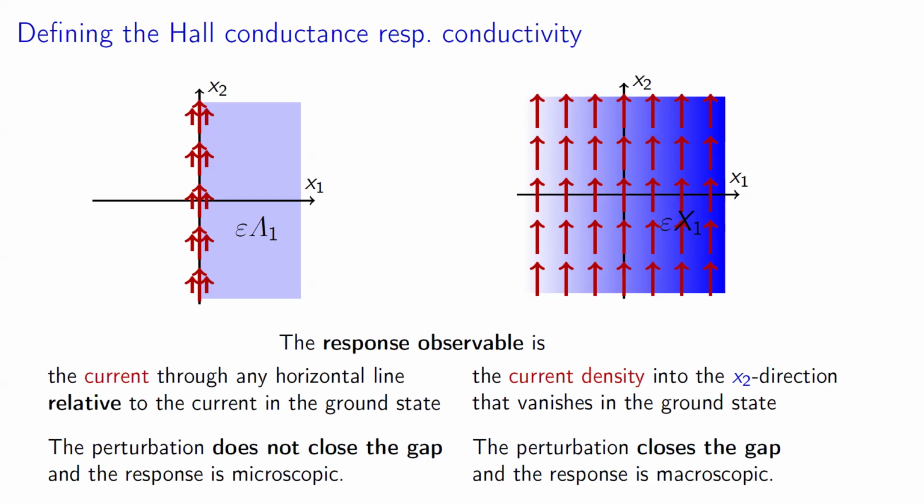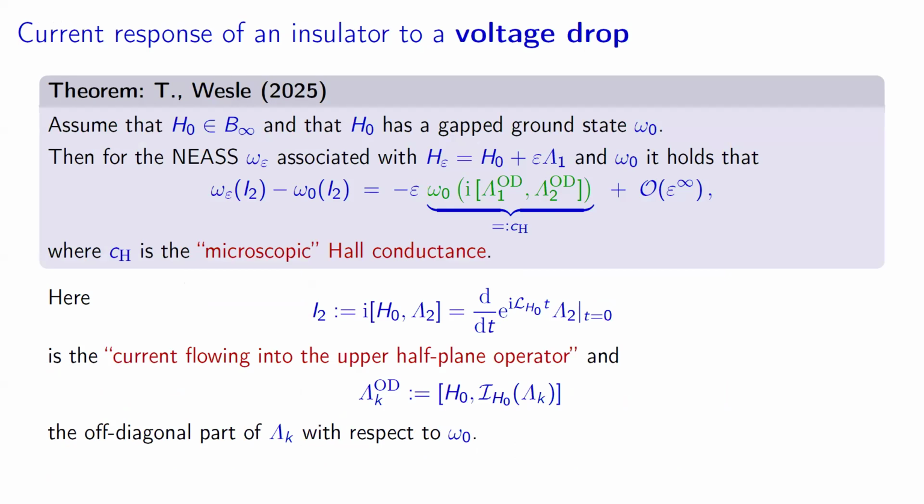So actually the corresponding near state is now the ground state of the perturbed system. And in particular, the response will be microscopic. So this will be really a microscopic current flowing here. So this will not model what we expect in real Hall insulators, where I told you that the potential difference between the two sides of the bar is orders of magnitude larger than the spectral gap. So this will allow us to compute the macroscopic current response, which is relevant for the experimental situation.